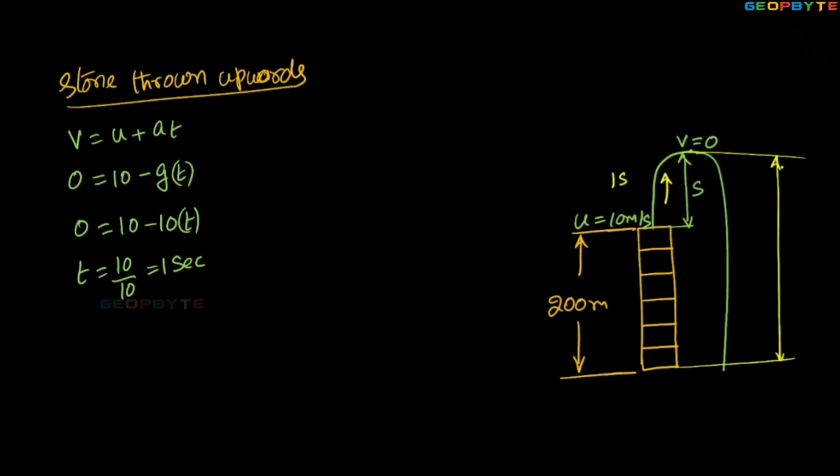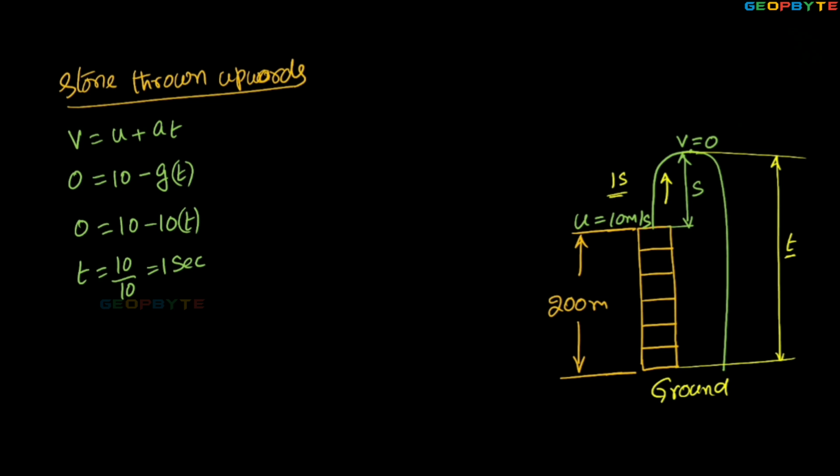Then the total time is t plus 1 second. Understood clearly? Because it has to travel vertically upward for reaching the highest point, the time taken is 1 second. Then from that highest point, for reaching the ground, the time required is t.